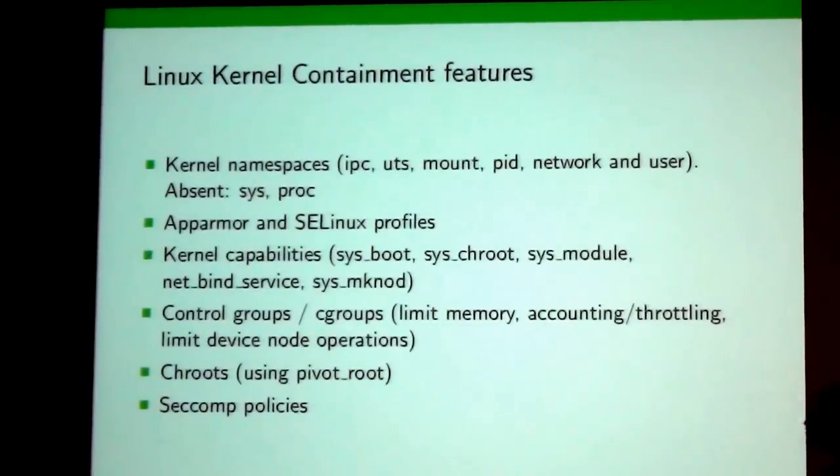Control groups, or cgroups, give you the ability to limit memory. They give you access to kernel accounting and throttling, and LXC uses them for device node operations. I think by default LXC gives the ability to create anything, but not to read or write to them.